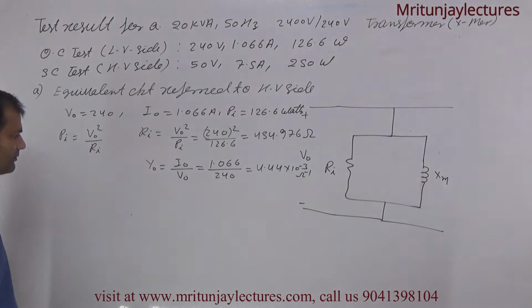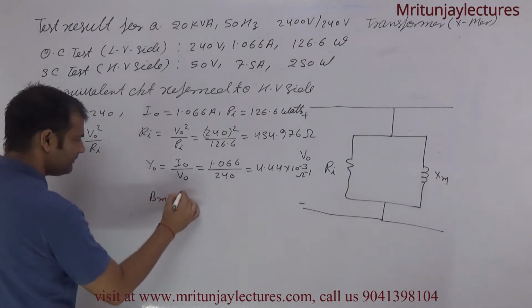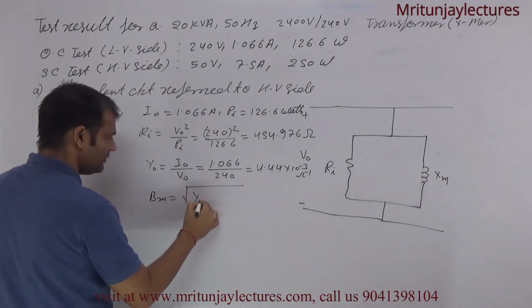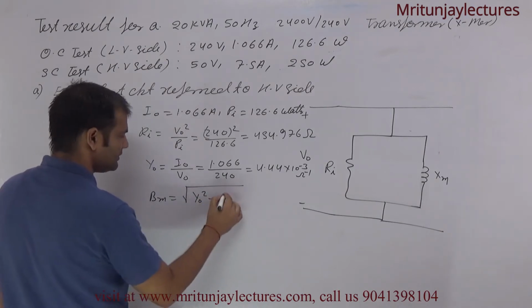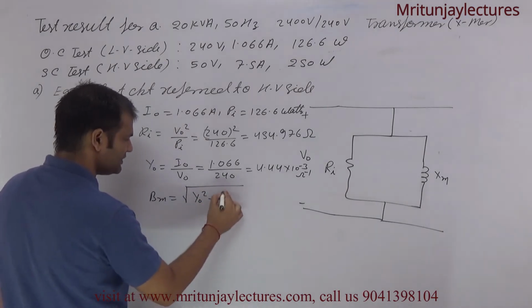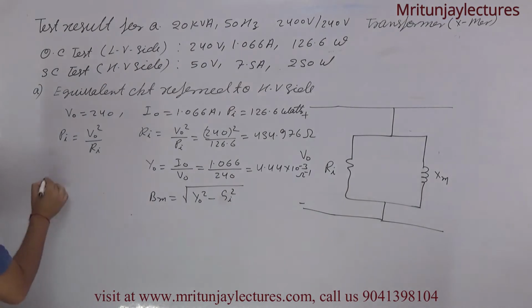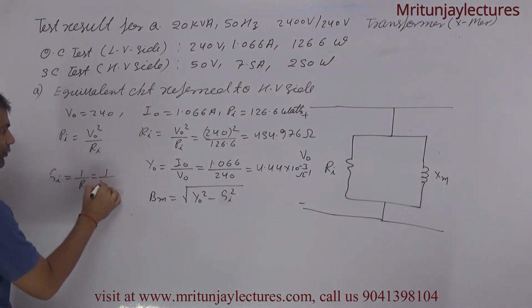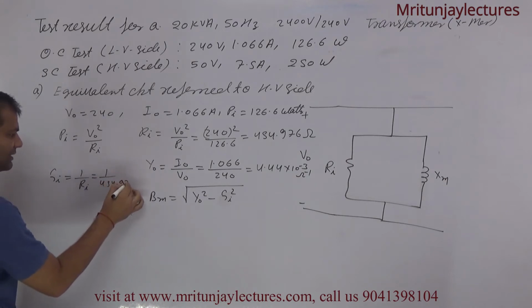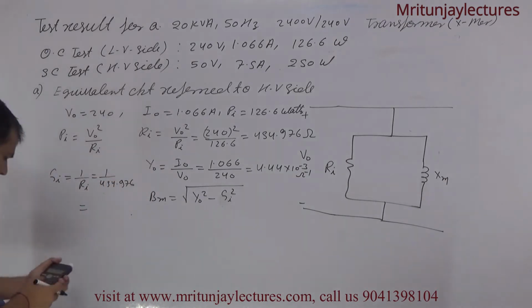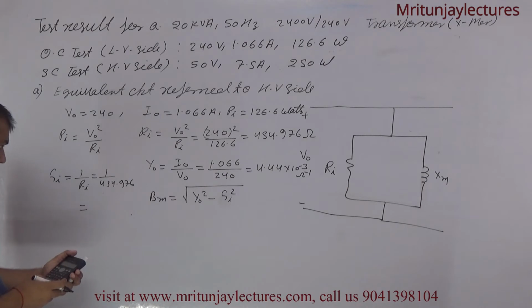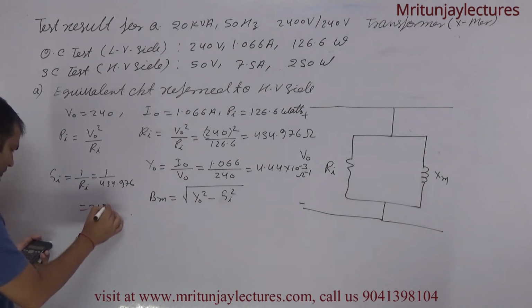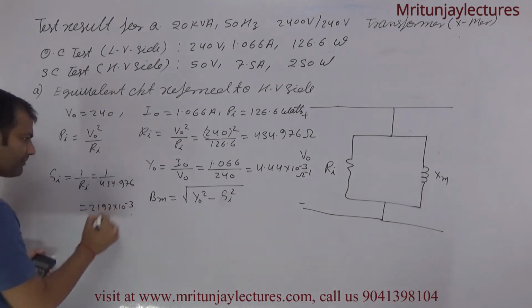What about BM? BM is the square root of Y0 square minus GI square. GI is 1 divided by 454.976, that is 2.197 into 10 to the power minus 3.